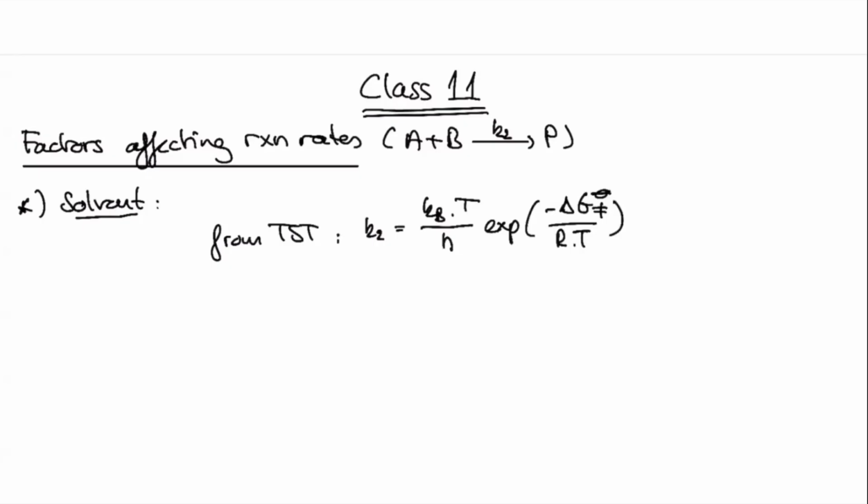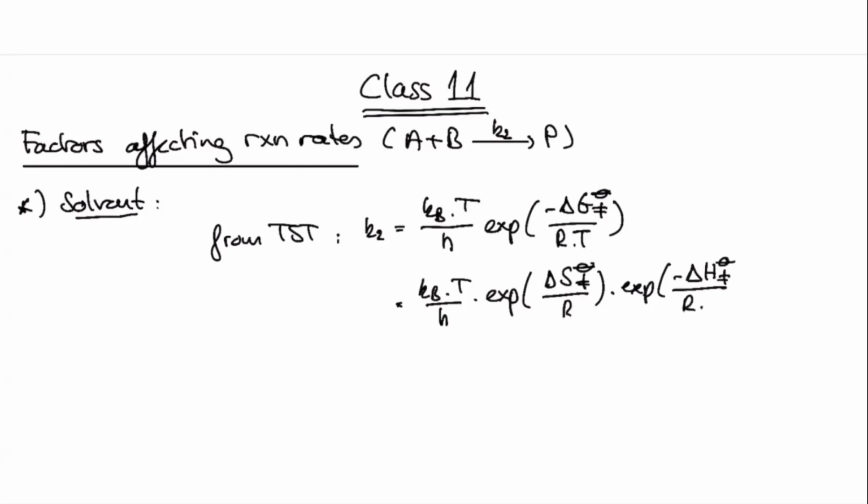Okay, so if we split delta G into 2, we get exponent delta S, I'm just splitting delta G in S and enthalpy, minus delta H. So the enthalpy of the transition state over RT. So this delta S is of course the standard entropy of activation. Delta H is the standard enthalpy of activation.